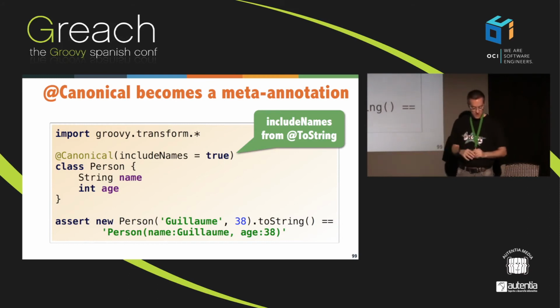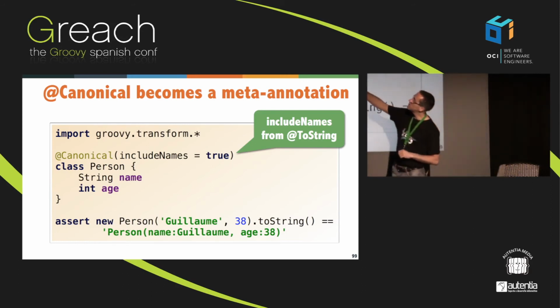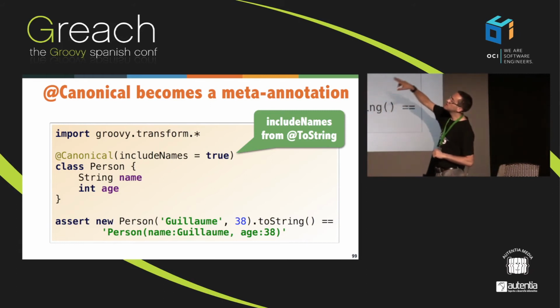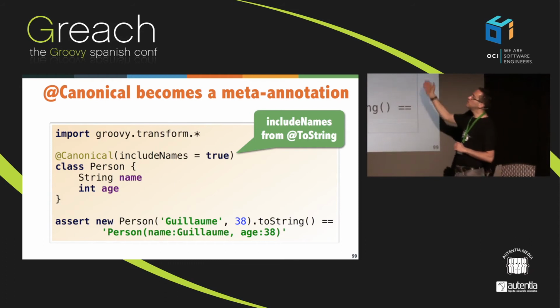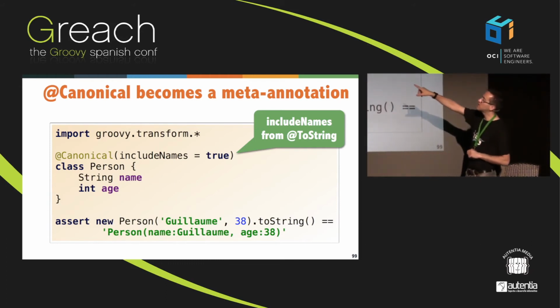Now it's not the case anymore, which also means that when you create a meta annotation, if, let's say, the includeNames parameter is from the toString transformation, you can use it there in @Canonical even if it's not a parameter of @Canonical.